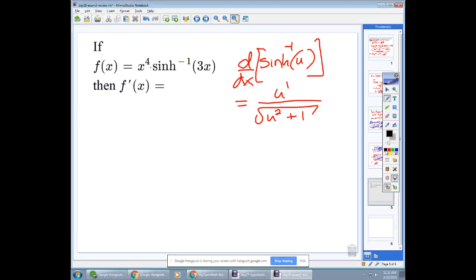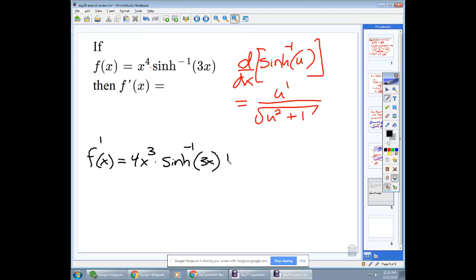So let's see, f prime. Product rule gets to start this out. Derivative of x to the 4th, 4x cubed. Product rule says leave the next function alone for the moment. So that's the hyperbolic sine inverse of 3x.